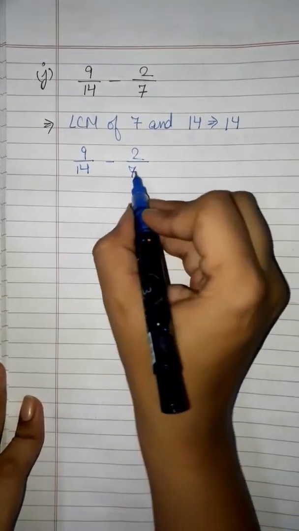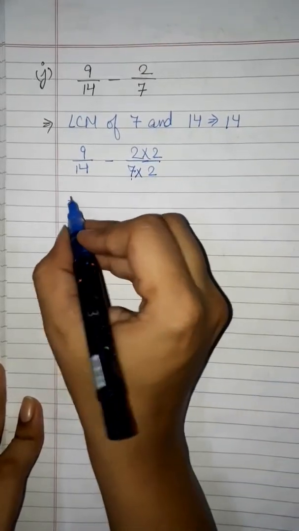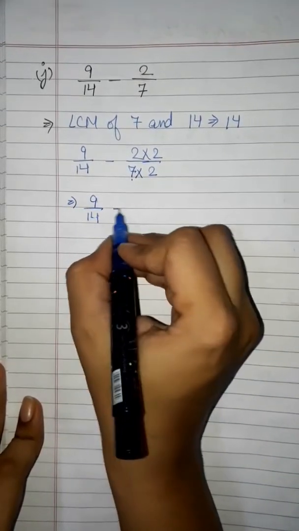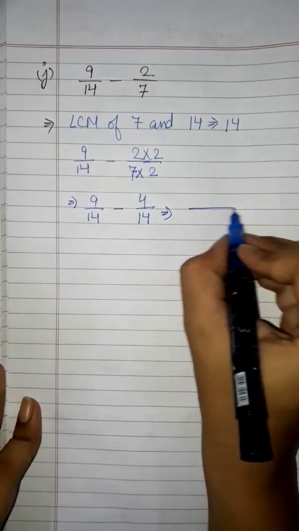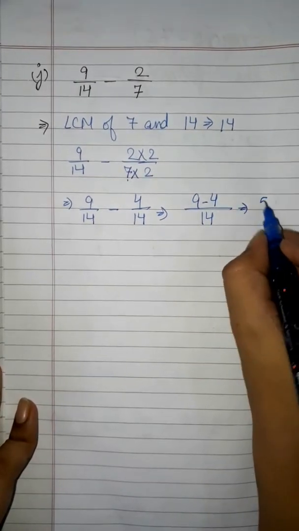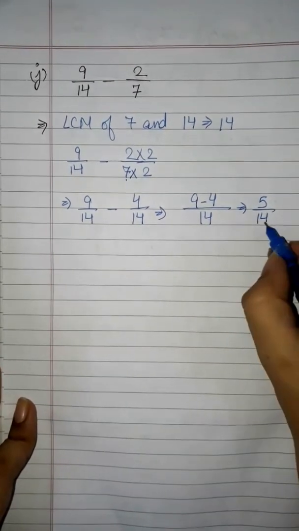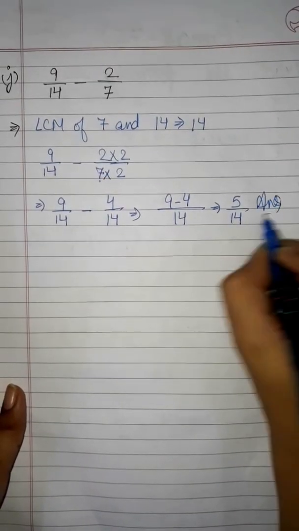So this is 7. So we need to multiply by 2. So what we get? 9 by 14 minus 4 by 14. Now we can write together 14, 9 minus 4. We get 5 by 14. This is proper fraction. We can't change into mix. So this is the final answer.